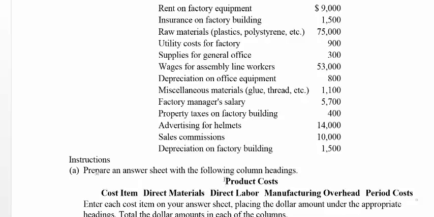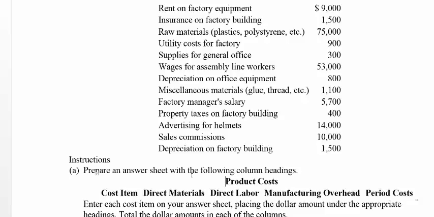We want to show the product cost, which of course are going to have direct materials, direct labor, and manufacturing overhead. And then we're also going to have a column that is going to be just for period cost. And then the cost item, we're going to have a line for each item that's listed above.